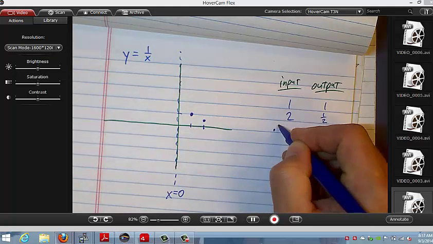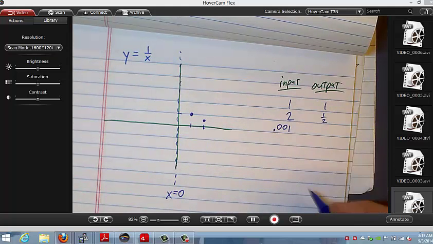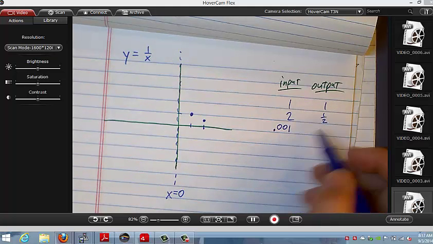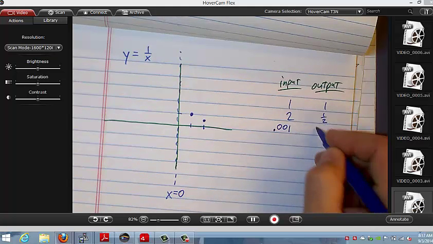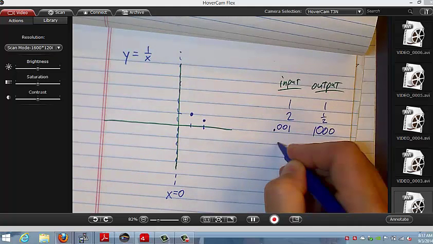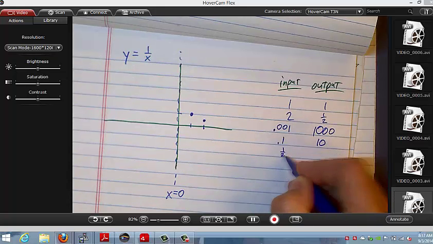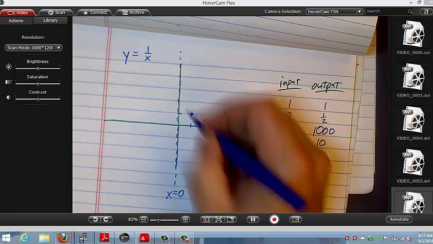Okay, so we put in our favorite number, 0.001, right? And so what's the output then? Well, that's 1/1000th, so the output would be 1,000, right? Or even if you put in 0.1, the output is 10. If you put in a fraction like 1/2, the output is 2.